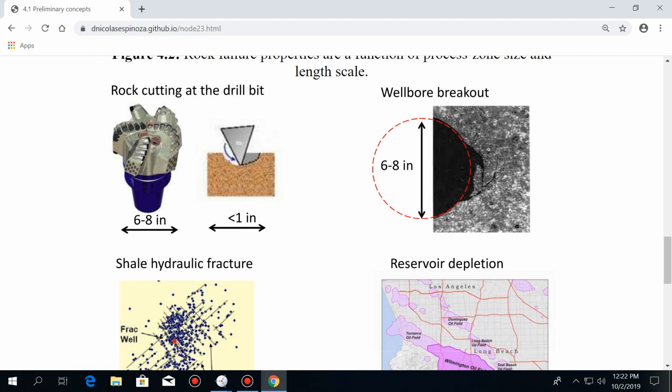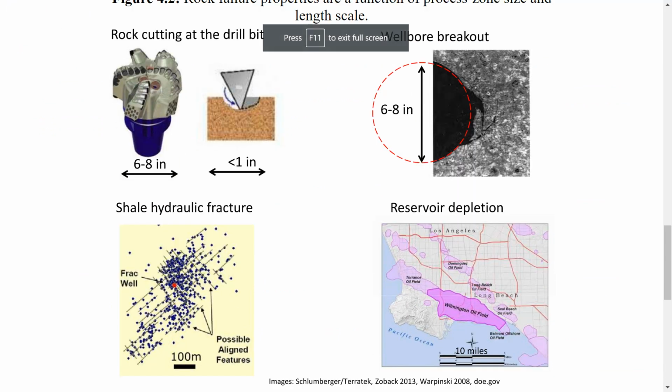It's not the same to deal with a problem that involves rock failure in a very small size, like for example, cutting rock when you're drilling. When you cut the rock, the process zone is less than 1 inch. It's very small. Probably there you're engaging the full strength of the rock. You can go bigger, like at the size of the wellbore, but that still is relatively small.